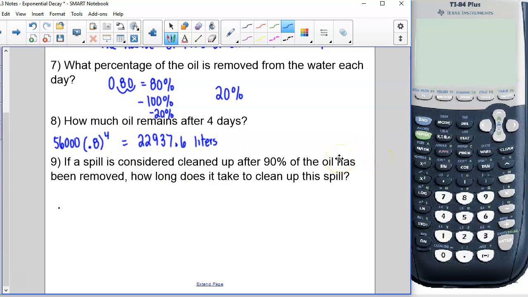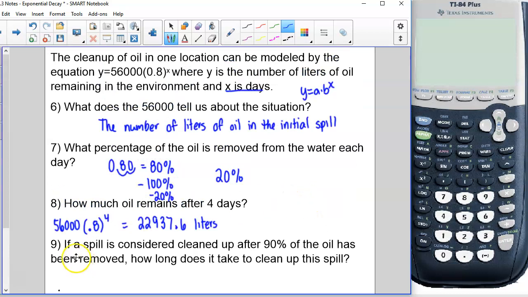So first of all, we have to figure out how much oil is left. 90% cleaned up. So Aiden, if it is cleaned up when 90% of the initial oil spill is gone, I need to know how much oil would be left. Okay, 10%. So I need to find 10% of what number?